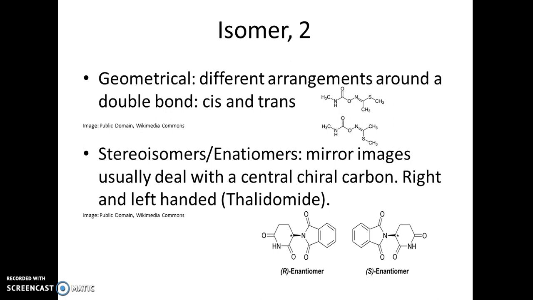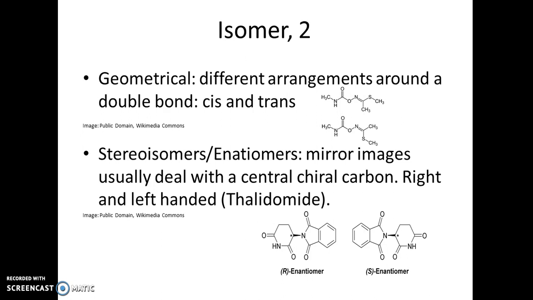The last type of isomer that we are going to be talking about are stereoisomers or enantiomers. They are mirror images of each other. So they have a central carbon, which is called a chiral carbon. And we'll learn about a chiral carbon more when we talk about amino acids. But there are two shapes, right-handed and left-handed. The example that I give, ironically, doesn't have a central carbon, but it's called thalidomide.